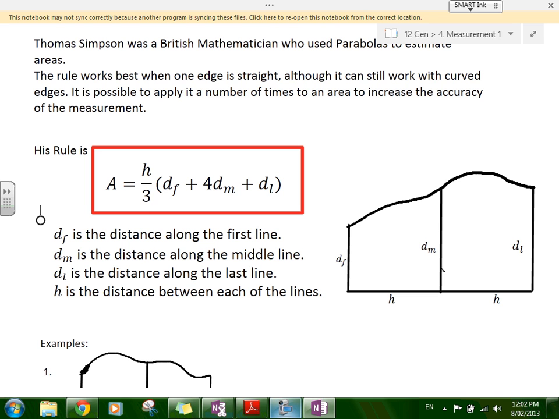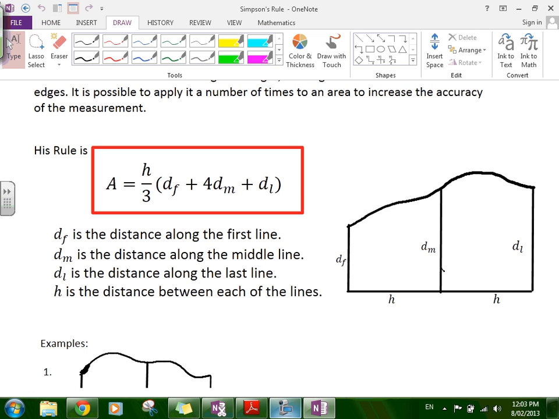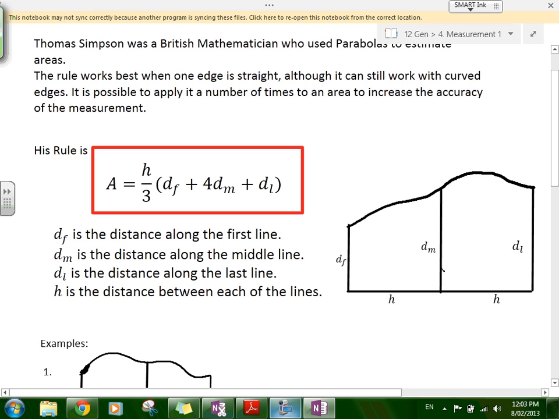If you plug in whatever these numbers are, then you'll be able to estimate the area quite well. The basic idea, and you don't need to remember this, is that instead of using straight lines to estimate, it fits the most likely parabola.